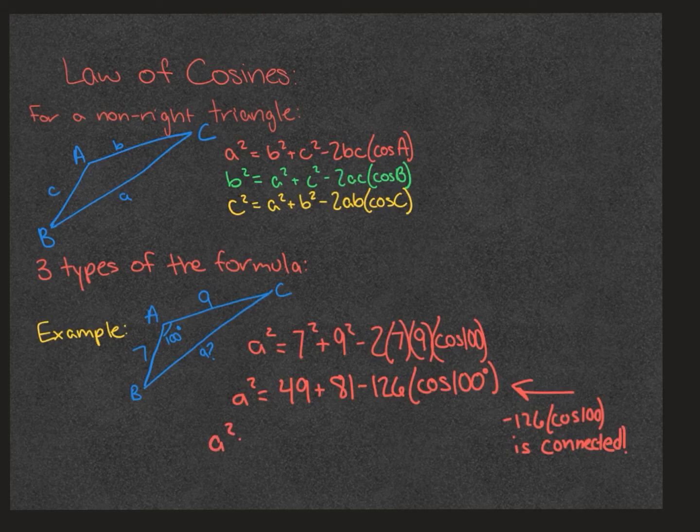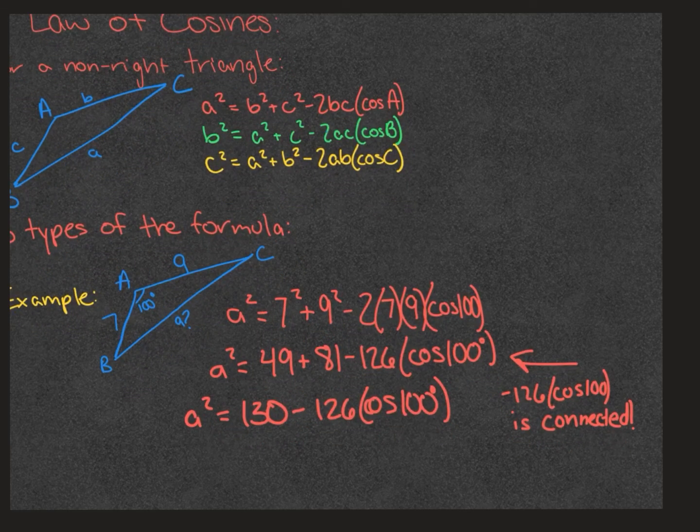So now I've got a squared equals, putting those two pieces together, 130 minus 126 times the cosine of 100 degrees. Putting this into my calculator, make sure once again it's in degrees and not radians. So I have 130 minus a negative 21.9.